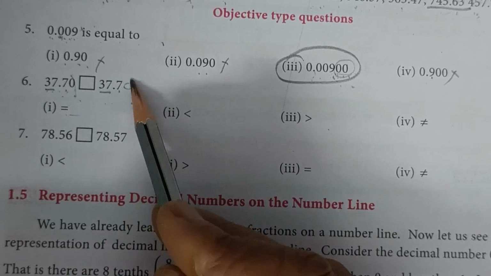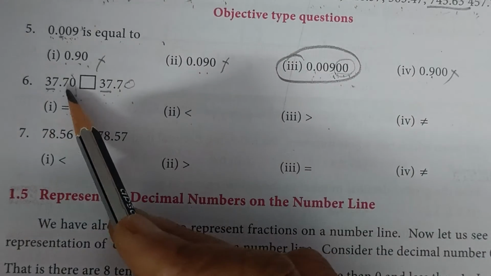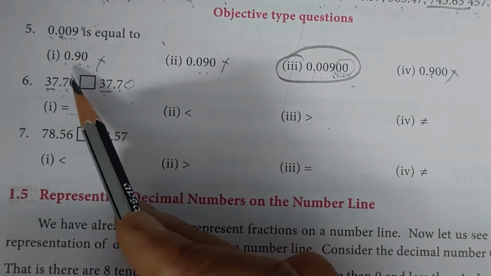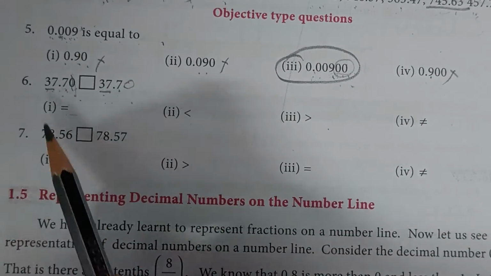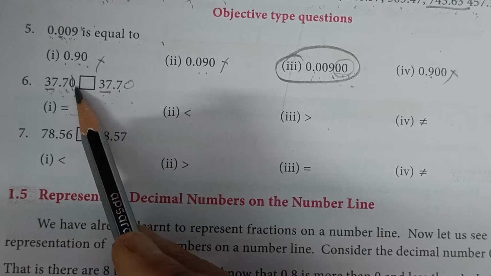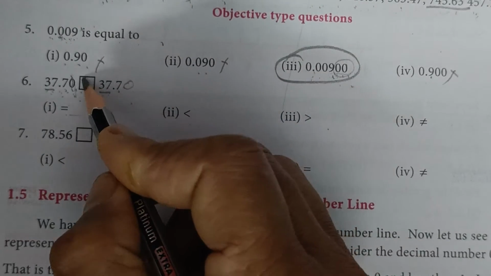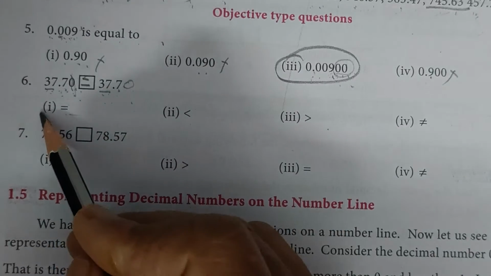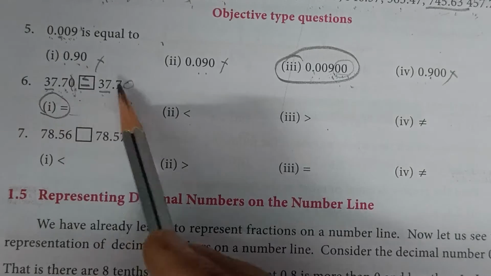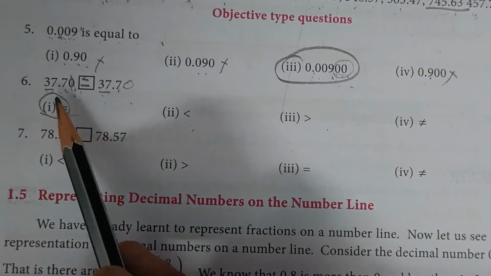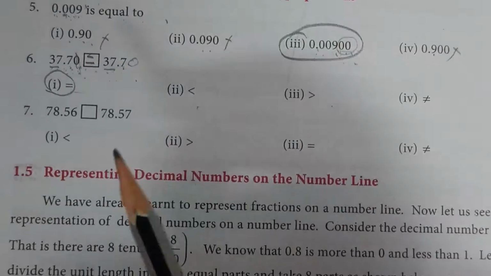We can put 0 also, it is 37.7 only, because at the end of the number, after the decimal point, just like the previous one, this 0 has no value. So 37.70 is the same as 37.7. So they are equal. Equal to is the correct answer. Not equal, less than, greater than are all wrong. They are equal because a zero at the end of a number has no value.